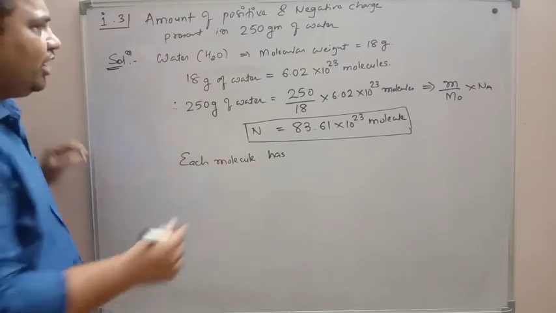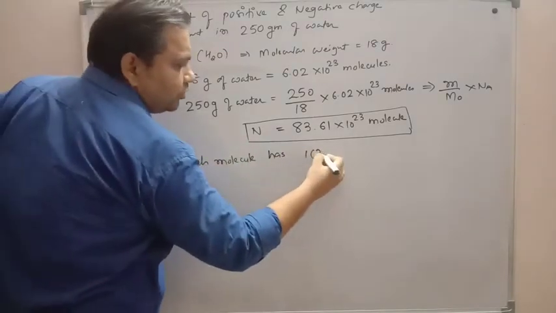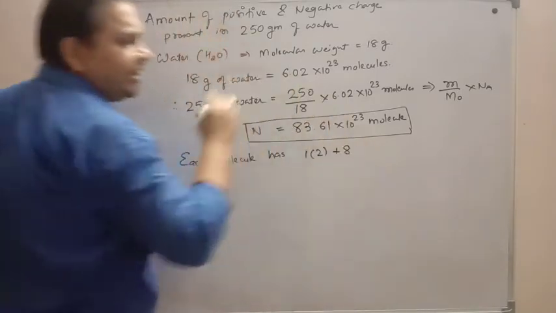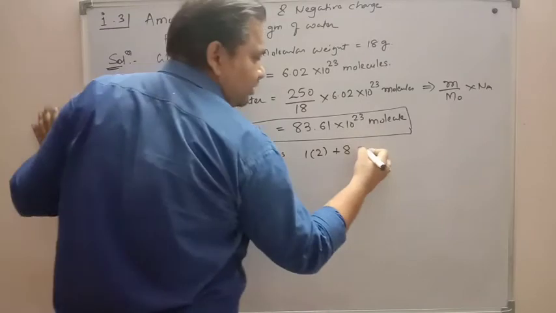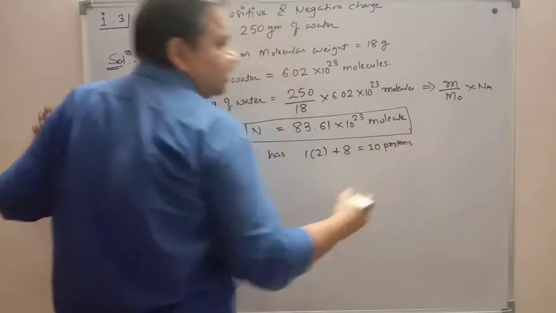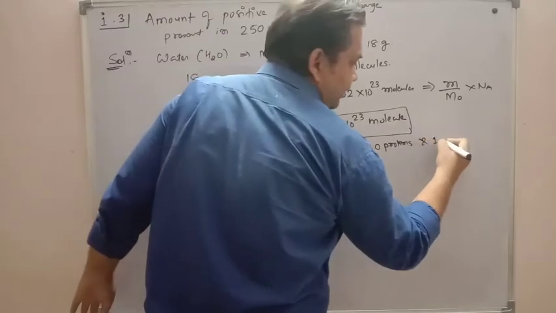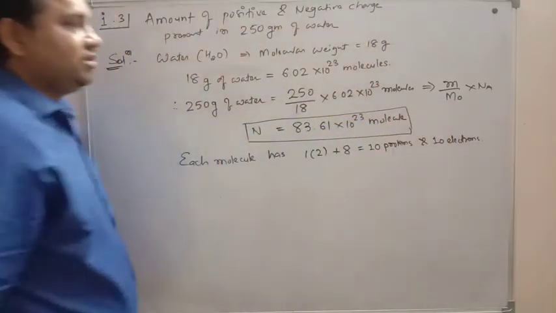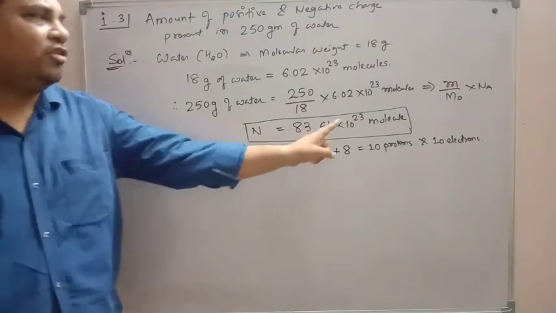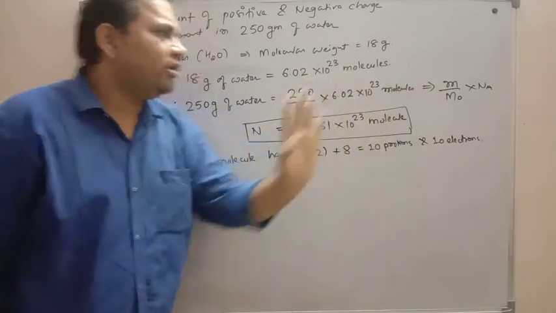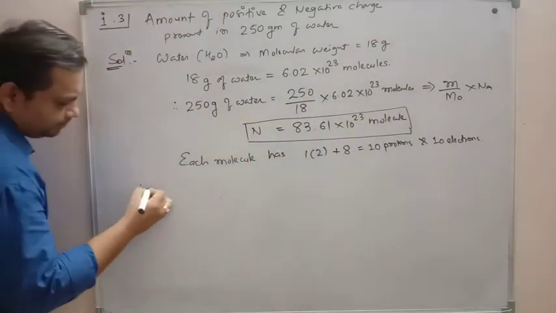So each molecule has 1 into 2 plus 8, that is equal to 10 protons and 10 electrons. In each molecule we have 10 protons and 10 electrons.